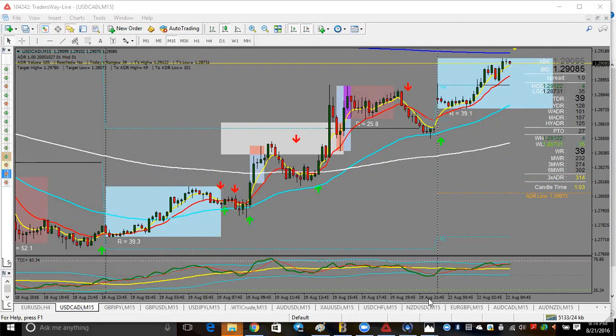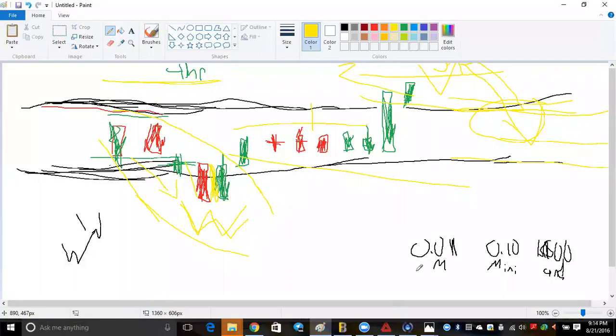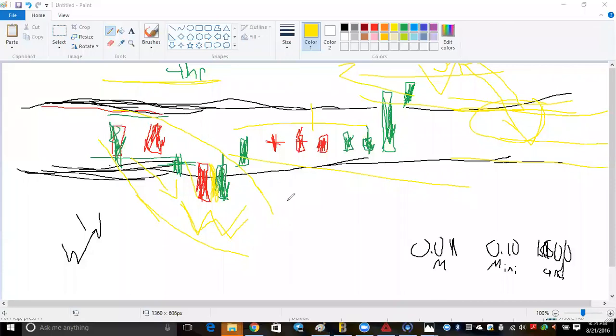So if you're going to swing trade, if ADR x3 is met or not met, but the 3-day time window is, and you get an outside structure high, you better take your money.